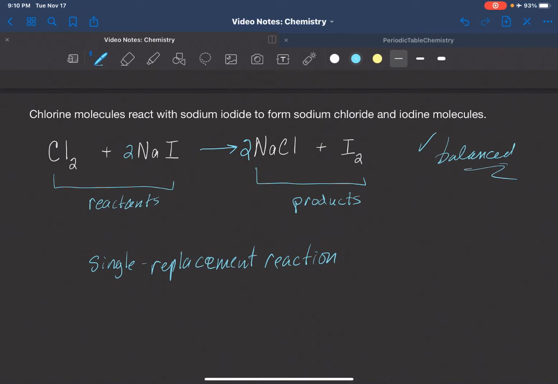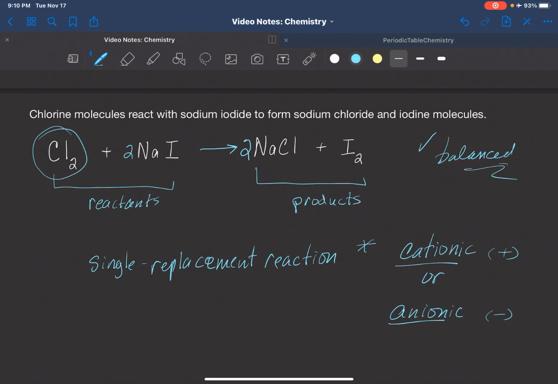Okay? And particularly, when it's a single replacement reaction, we want to ask ourselves one thing. This is what you need to remember always, always, always for these: is it cationic or is it anionic? You remember from previous lessons that anions are your negative ions, and cations are your positive ions. So with that said, you look at this molecule here, and that's by itself.